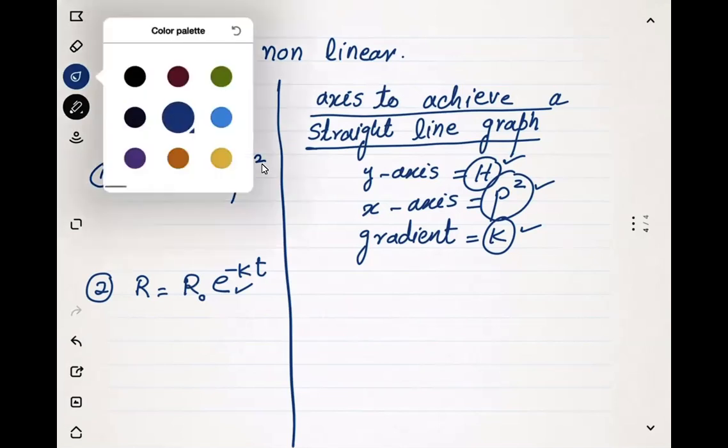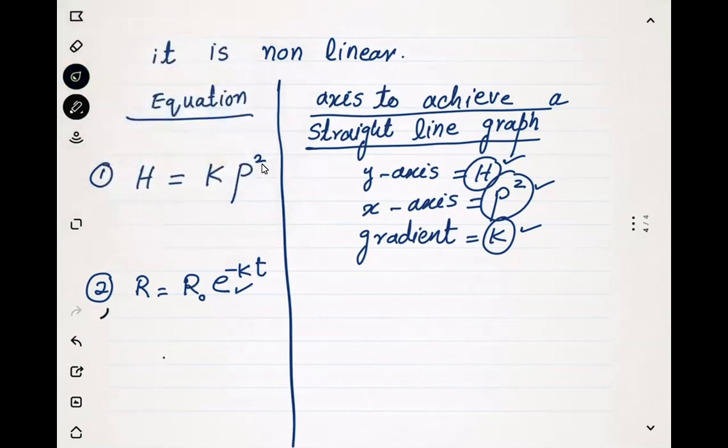Now, if you take natural log on the two sides, natural log of R is equal to natural log of R naught e power minus kT. In fact, T was capital, sorry.